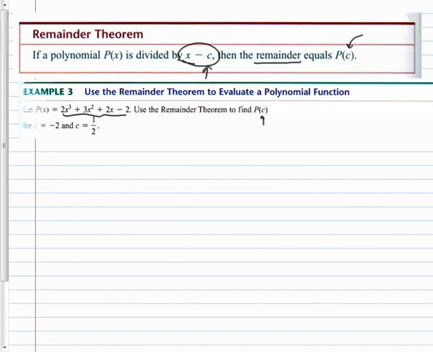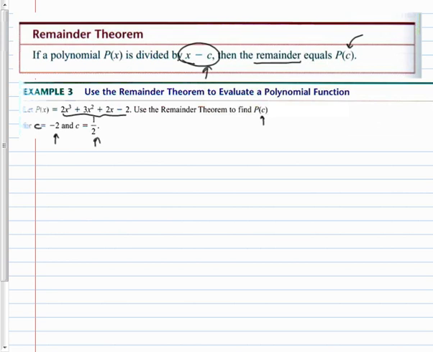In other words, we're substituting c, when c equals -2 and when c equals 1/2. But instead of substituting a -2 into the x's in this polynomial, the remainder theorem tells me I can just divide, and the remainder is the same answer as if I would have substituted.